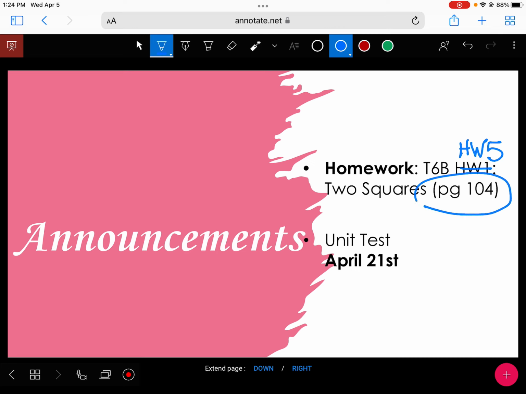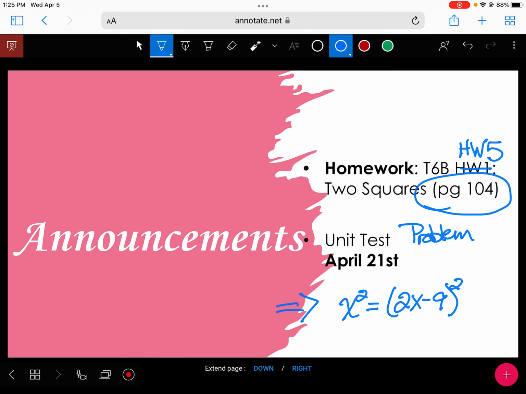So 104 in the book is the problem for this page. And it says you have x squared equals quantity 2x minus 9, that quantity squared. It says solve this quadratic equation using as many different methods as possible.